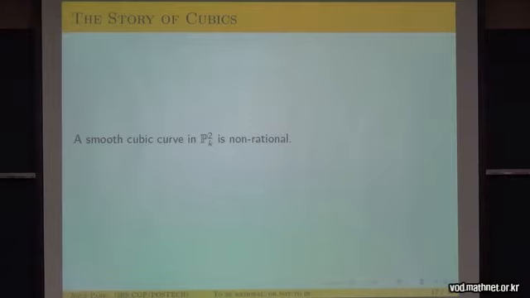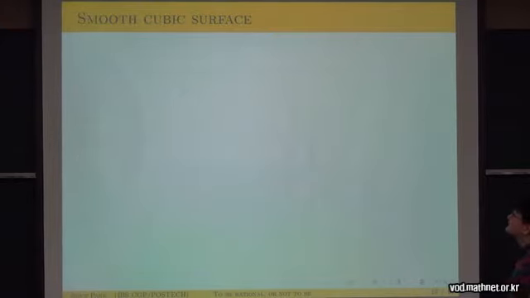You can always find some non-vanishing holomorphic one form here. That's why, but let me skip this and just believe it is non-rational. Okay, all right, so let's jump to the cubic surface.